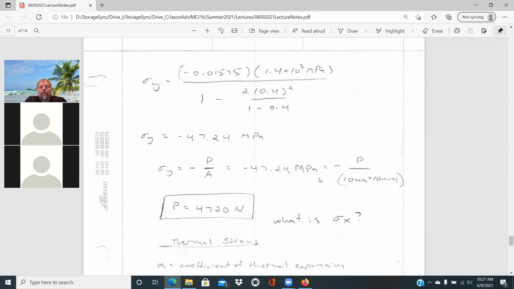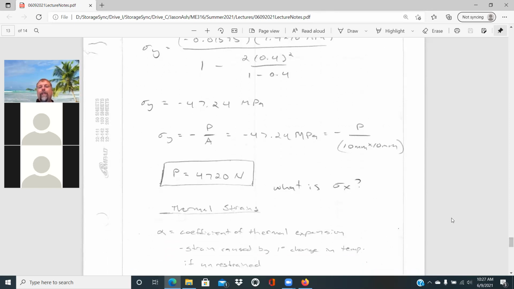And so 47.24 megapascals times 100 millimeters squared will give us a load P of 4,720 newtons. And so that is the answer to the question of what is the load that is required to push that down to make that flush.